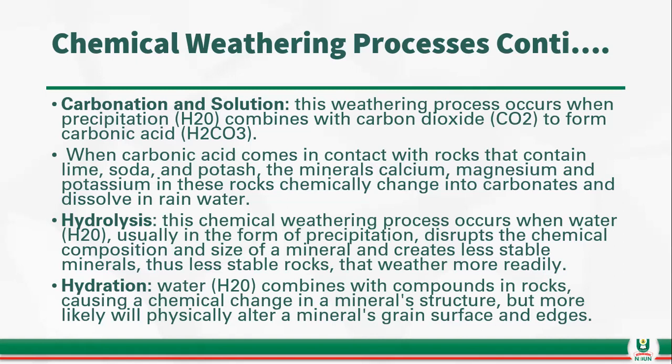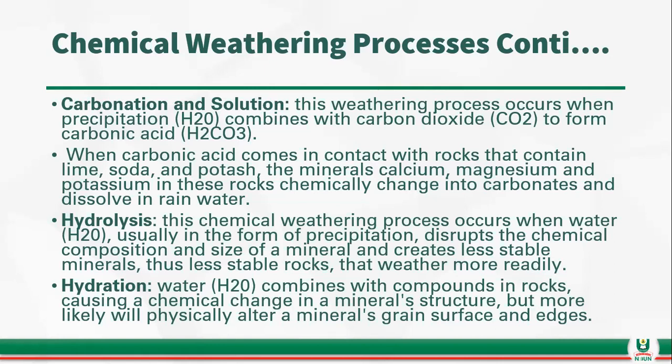We also have another chemical weathering process that is known as hydrolysis. This chemical weathering process occurs when water, usually in the form of rain, disrupts the chemical composition and size of the mineral and creates less stable minerals, thus less stable rocks, and this leads to weathering. This rock now will begin to weather more readily than it would have if not for this hydrolysis process taking place.